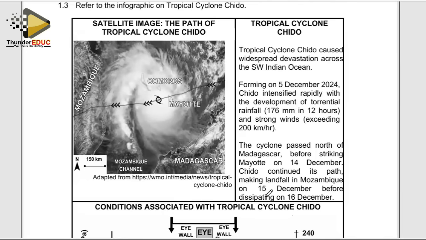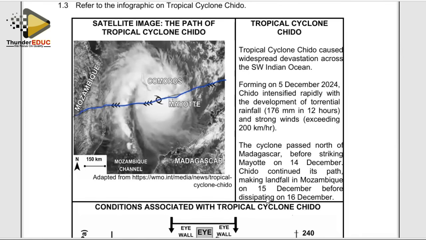Right, this is tropical cyclone Chido. We have our satellite image, and also the path which was followed by that tropical cyclone. You can also see that it's a tropical cyclone in the southern hemisphere. But what you need to note from the satellite image is the path which was followed by the cyclone.